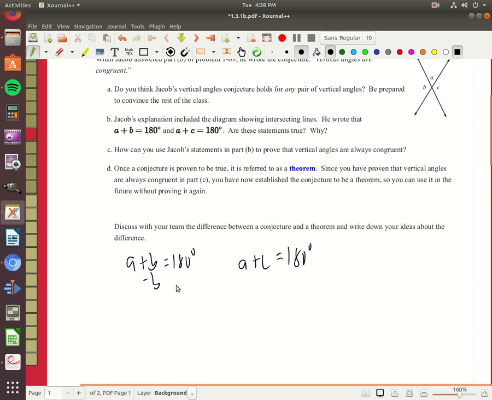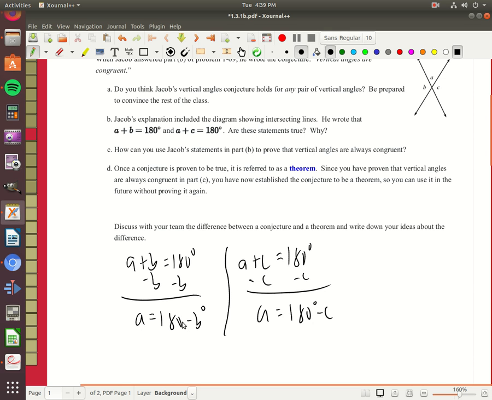I can subtract B from both sides, and I'll get A equals 180 minus B degrees, and I'll subtract C from both sides over here, right? I'll get A equals 180 degrees minus C. Hey, look, this equals A, this equals A, this must equal this. So we'll go over here and we'll say 180 minus B degrees is equal to 180 minus C degrees.